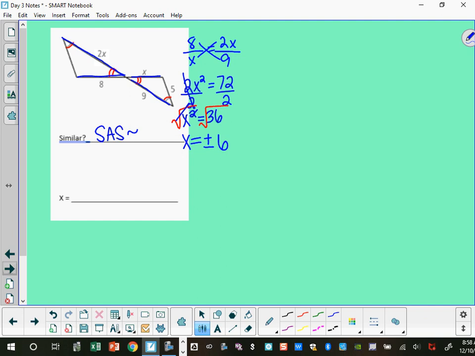You can't write the minus. Guys, can I ever have a negative distance, or a negative measurement? If we're measuring something, can I go backwards and say this is negative 5 inches? No. So when we're talking about measurement or distance, just always use the positive. You don't have to put the plus or minus, because it really just doesn't make any sense.